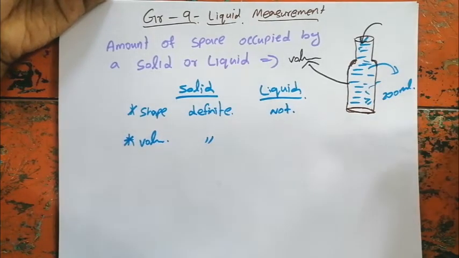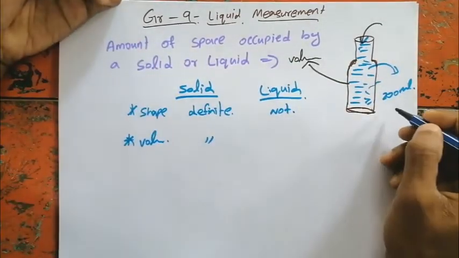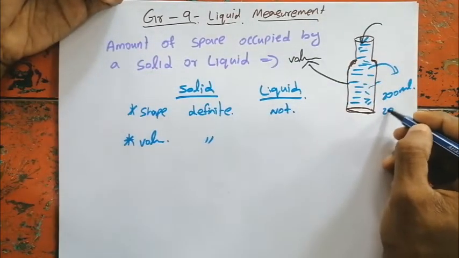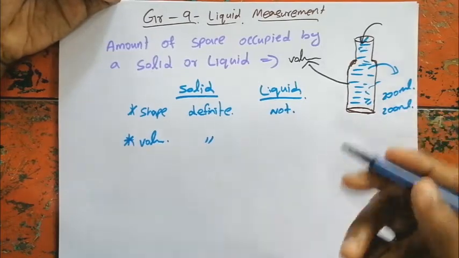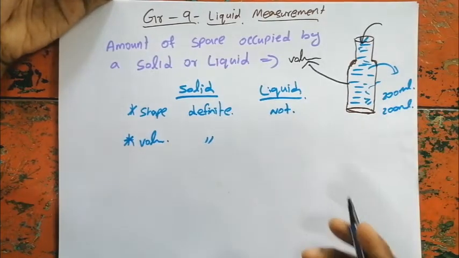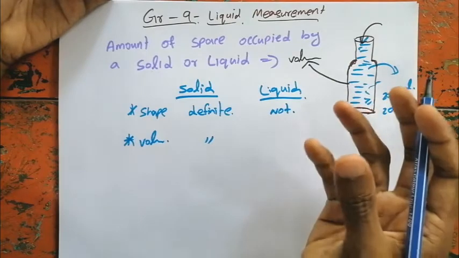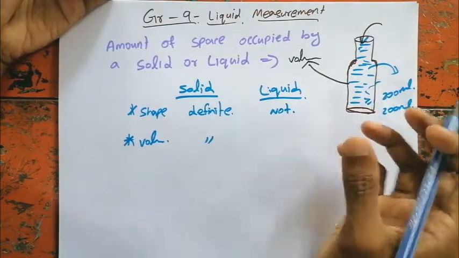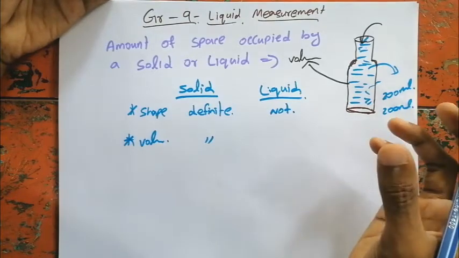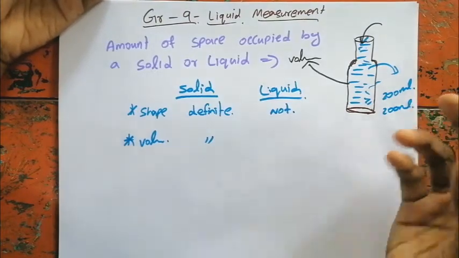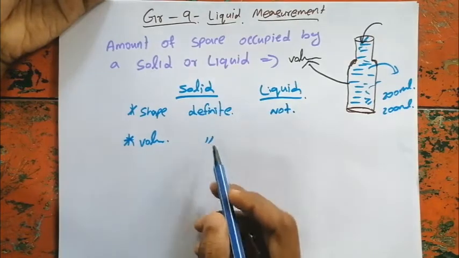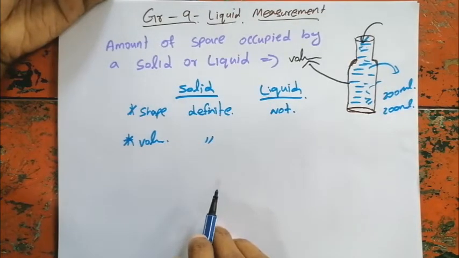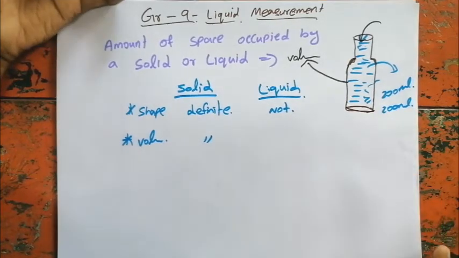If you pour a drink into this container, it is going to be exactly 200 milliliter, the same as the water, because the container does not change shape, because it's a solid. So the volume of this container doesn't change. That is the meaning: the volume of a solid is definite, it's constant, it doesn't change.